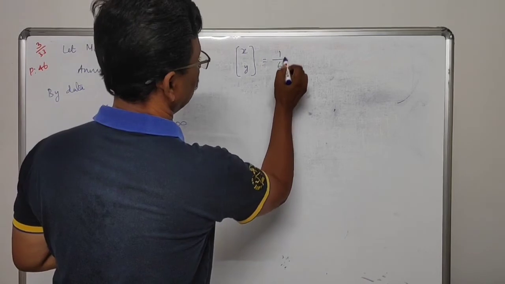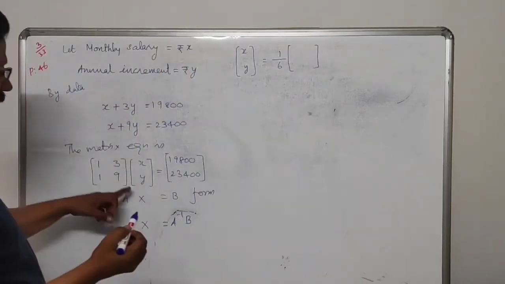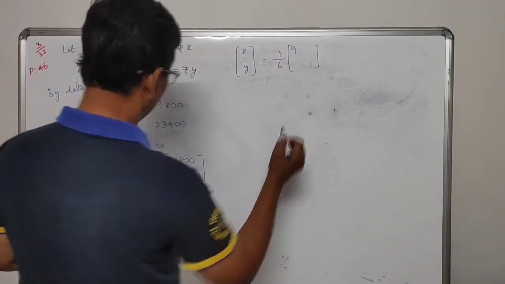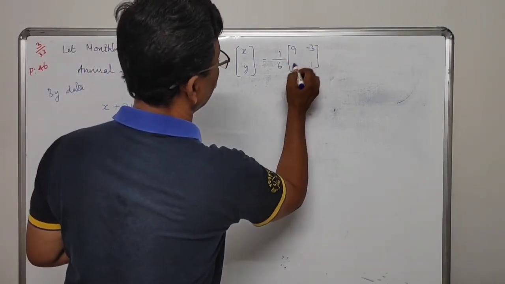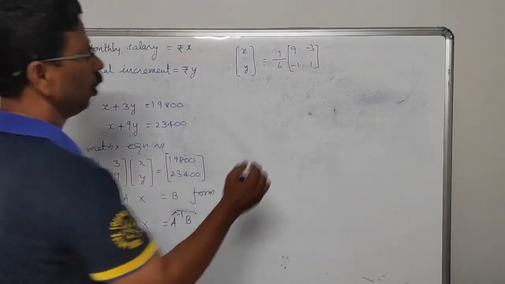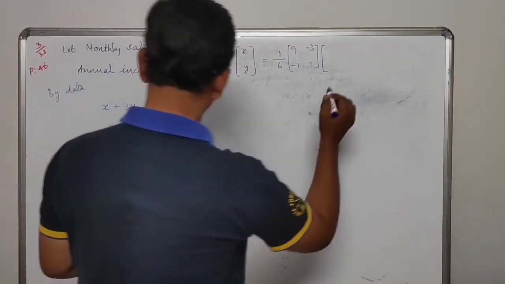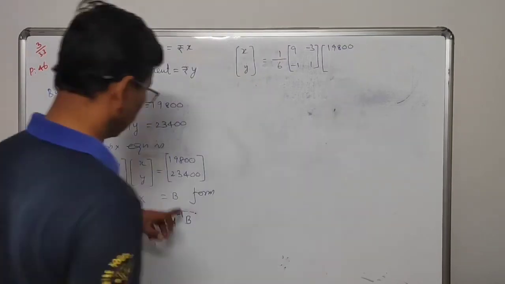Then we write the adjoint: interchange the leading diagonal elements, 9, 1, then change the sign of the off-diagonal elements, minus 3, minus 1, into the B matrix. The B matrix is 19,800 and 23,400.